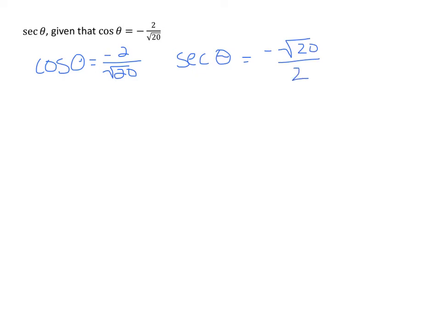I would reduce this because the square root of 20 in simplest radical form would be 2 square roots of 5 over 2, and those would cancel, and truthfully the more appropriate answer is negative square root of 5. But it's much easier to see I've just started with a fraction and taken its reciprocal.